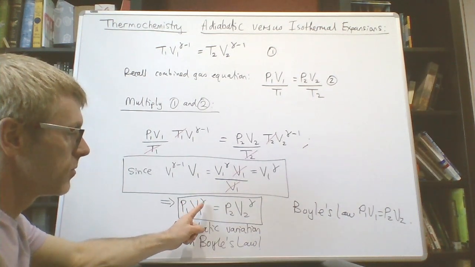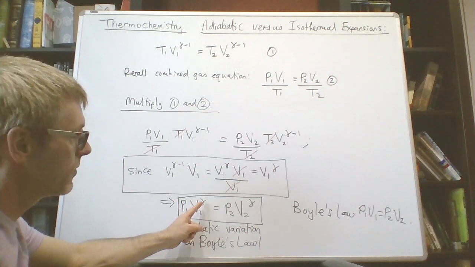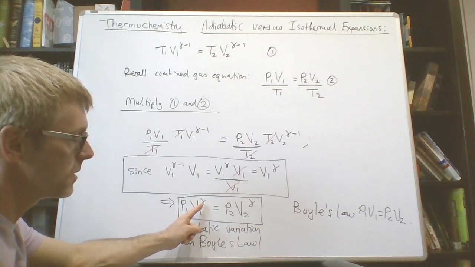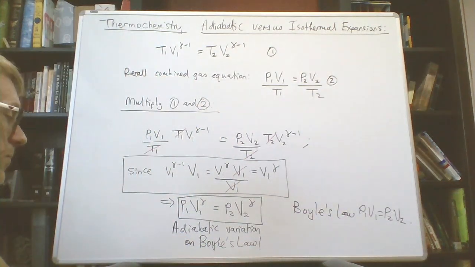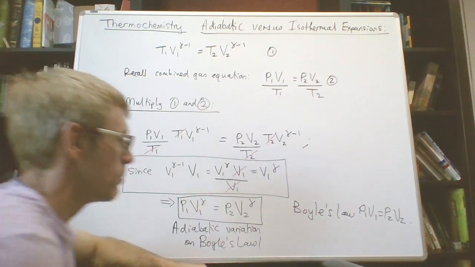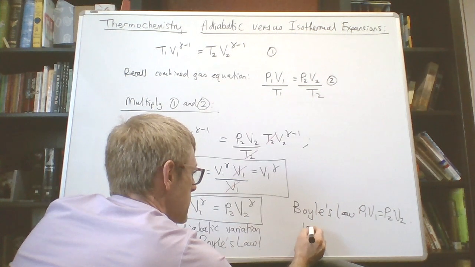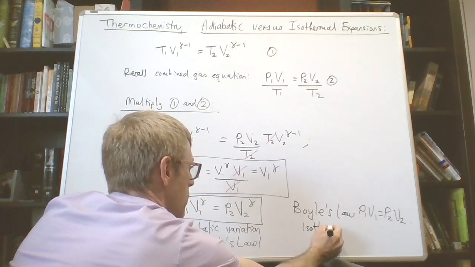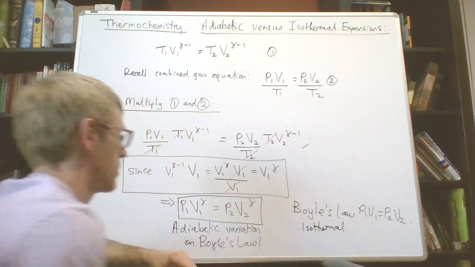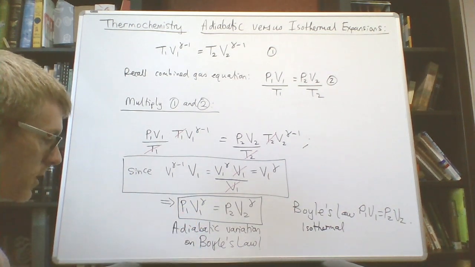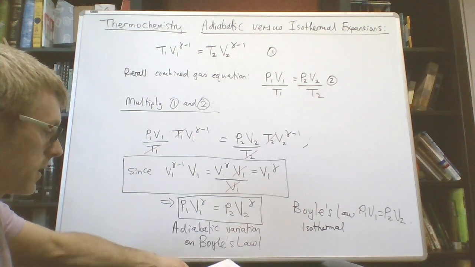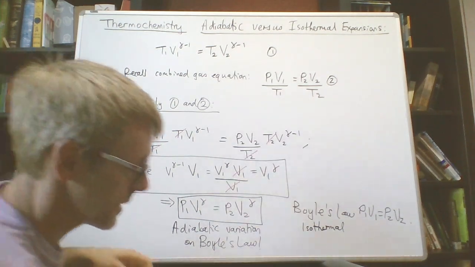So this is different. We have this extra consideration here because it's adiabatic. Boyle's law is our isothermal variation. This one with the gamma is our adiabatic variation. Okay, let's see how you would actually use this in a calculation.